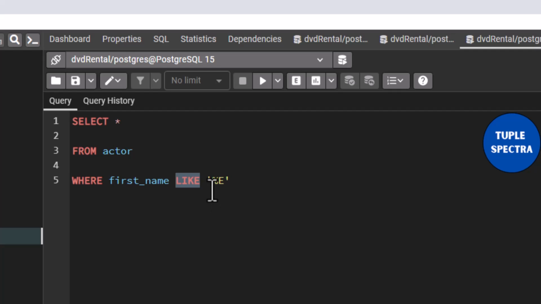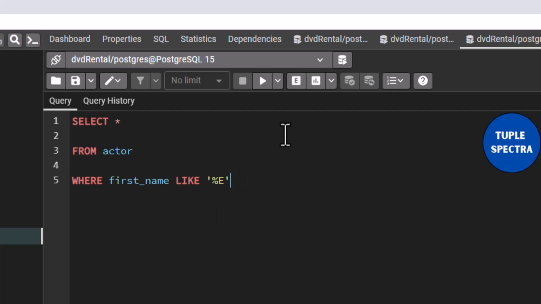That means that whenever it wants to match the pattern, it's going to be looking for a first name that has the last character to be an E, uppercase E, and also has one or more characters before E. Okay? Now, what do you guys think? Do you think we are going to get any result right here?